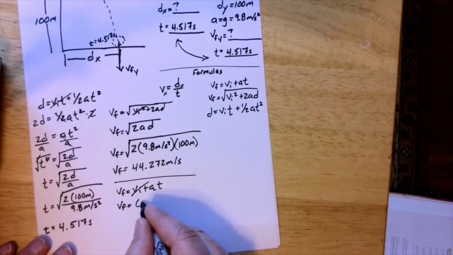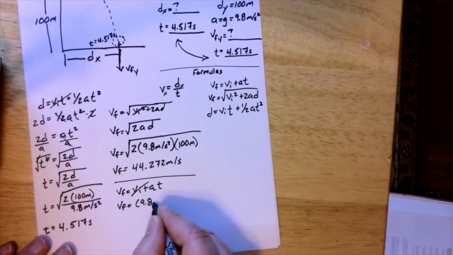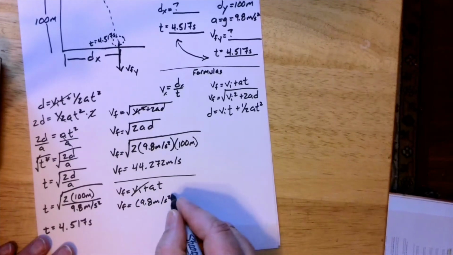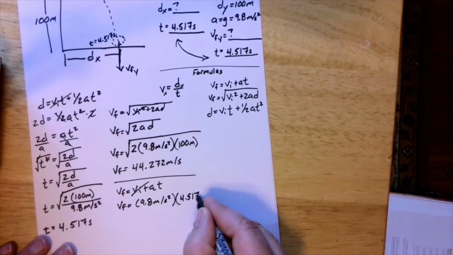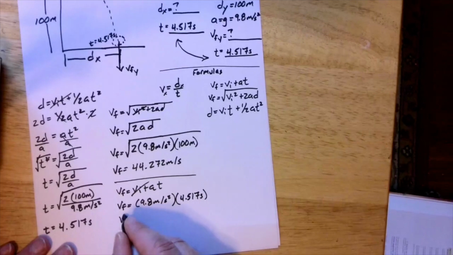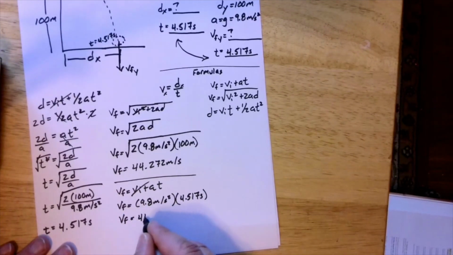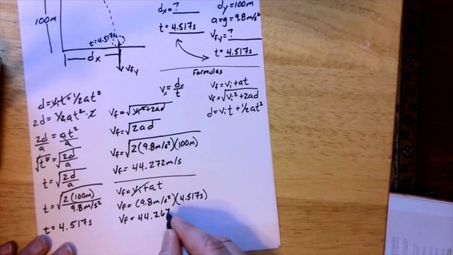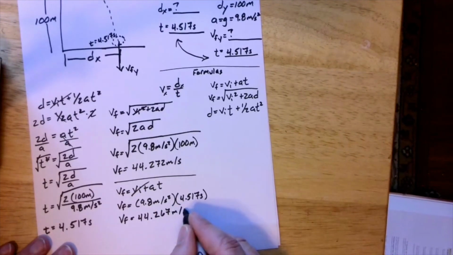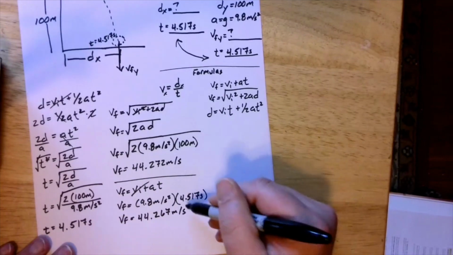So we have 9.8 meters per second squared and a time of 4.517 seconds. So the final velocity, according to these values here, is 44.267 meters per second. And as you can see here, it's pretty close.